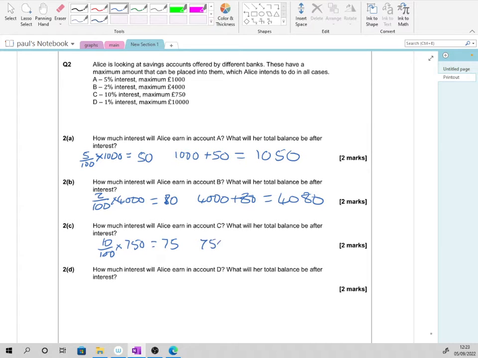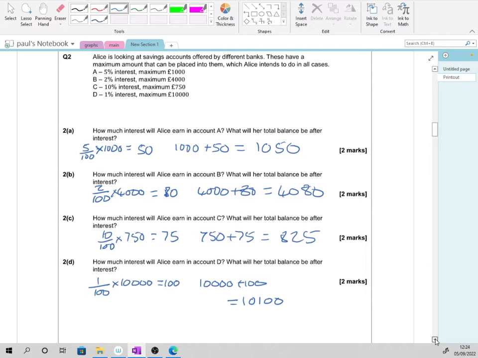So 750 plus 75 equals 825. And in account D, 1% of £10,000 is £100. So we've got 10,000 plus 100 equals £10,100.